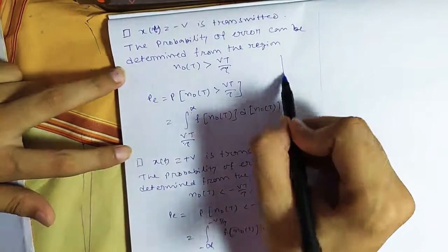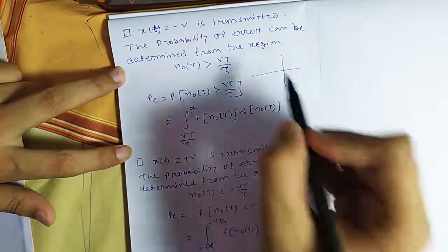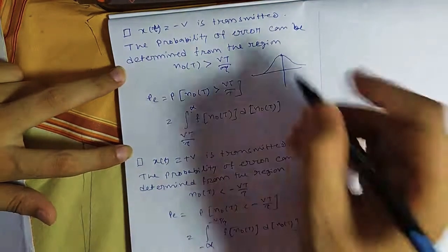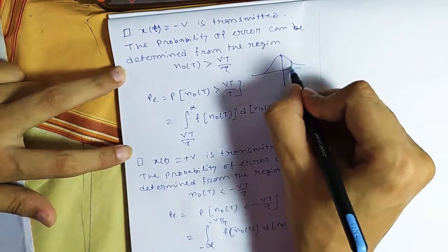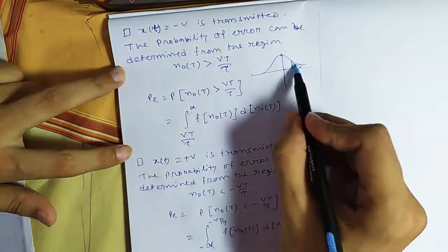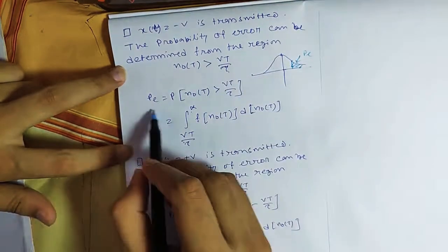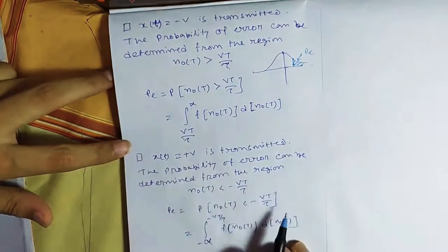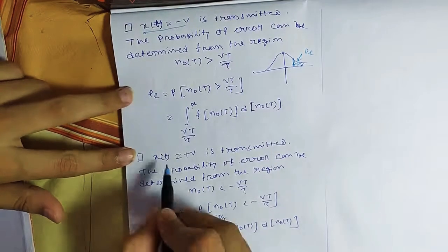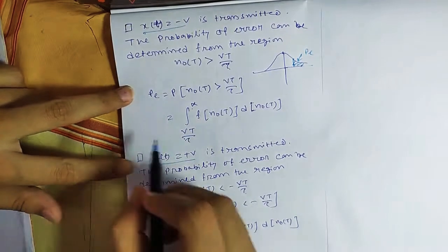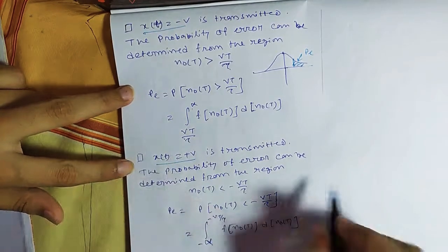So remember, this was our curve, and that area is PE. We also need to determine the area for the negative voltage message. For the positive voltage message, we need to determine the area like so.